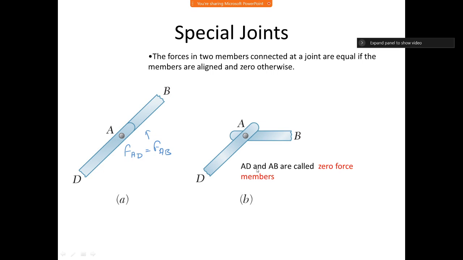So in this case, both forces AD and AB will be equal to 0. FAD equals FAB equals 0, and these two members are called zero force members because they are going to carry 0 force. That is the only condition when this system will be in equilibrium.